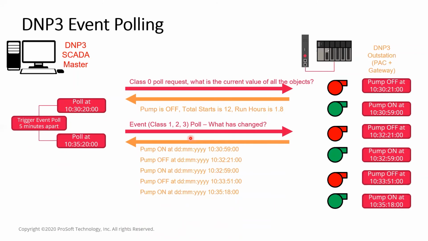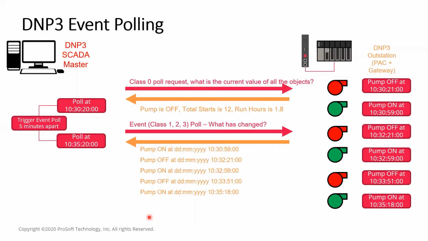Then let's say we do an event poll 5 minutes later at the same time, so 10:35:20. So in this case, when you do an event poll, you're going to get back all of the status information to say the pump went on and off at all of these different times, plus all of this additional data that comes back.